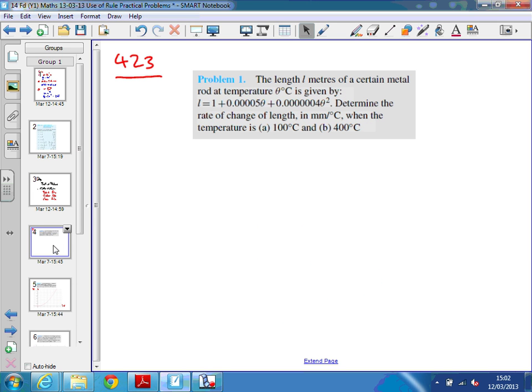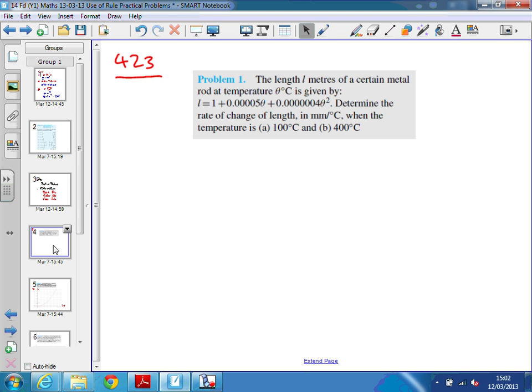Here it is. And it's on page 423, although you don't need to look at that now, but it's there if you want to look at it. Let's look at it then. Read the question. So the length L in meters of a certain metal rod at temperature theta degrees centigrade is given by this.